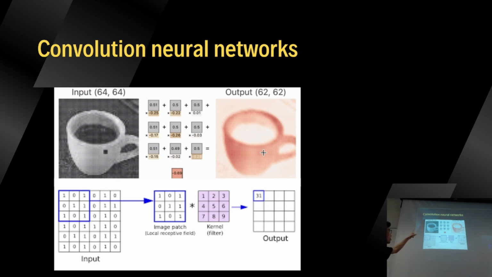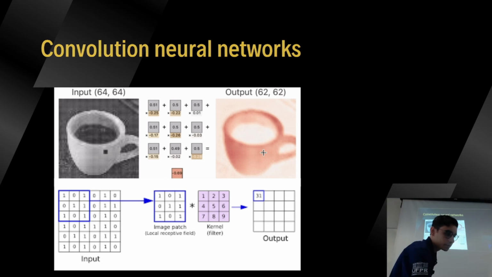You can note here that the input has 64 by 64 pixels, and the output has 62 by 62 pixels. This is why, when we choose the size of this kernel, we lose one dimension on each side of the image, right?